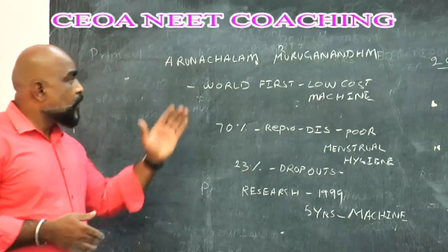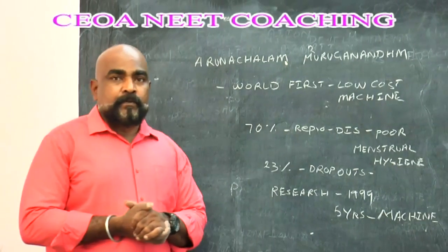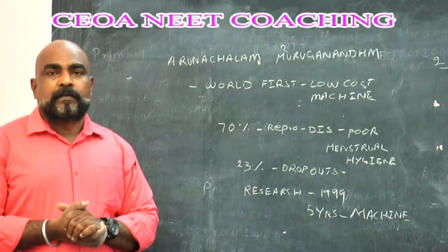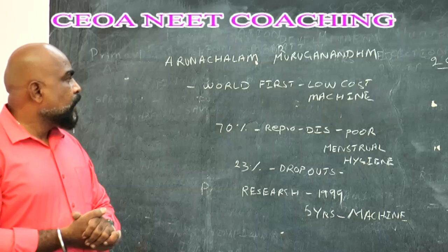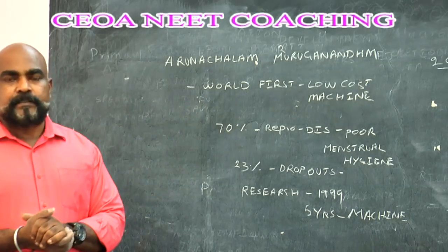The name Arunachalam Muruganantham is a name which stands representing India on women's menstrual hygiene. He is the first person to design a low-cost machine.